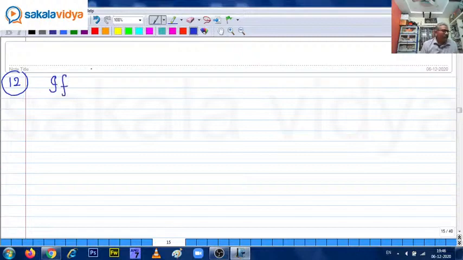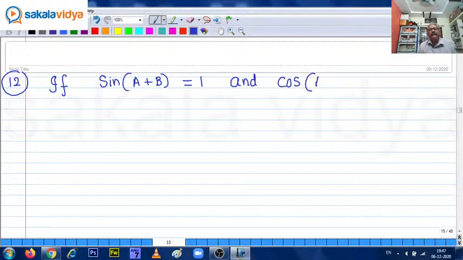If sine of a plus b equals 1 and cos of a minus b equals 1, then find a and b.